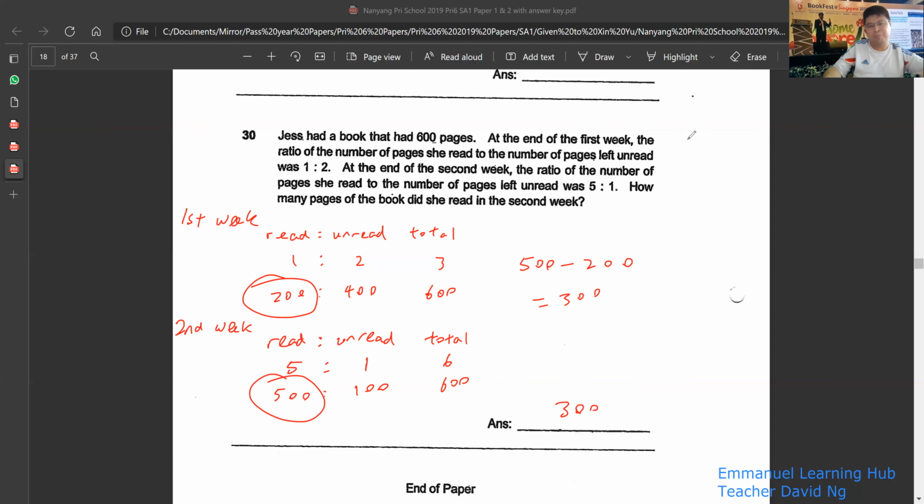You simplify your problem. Understand what I'm saying? Then you don't have to deal with their ratio anymore. And of course, on the other hand, if you feel confident to use ratio, then by all means you can use ratio. But most students will have difficulty dealing with ratio on its own.